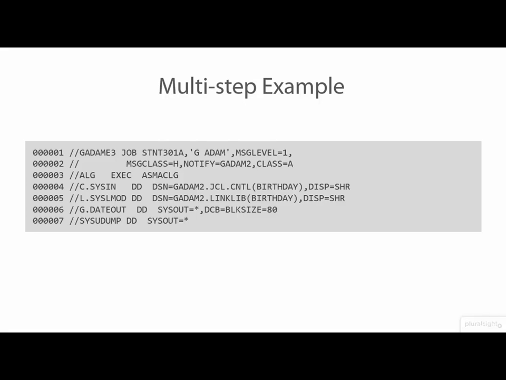So instead of running three separate jobs, we can run one job and pass the information, get rid of anything that's temporary that we don't need to retain, and then in the end, see the execution of this all within a single job.